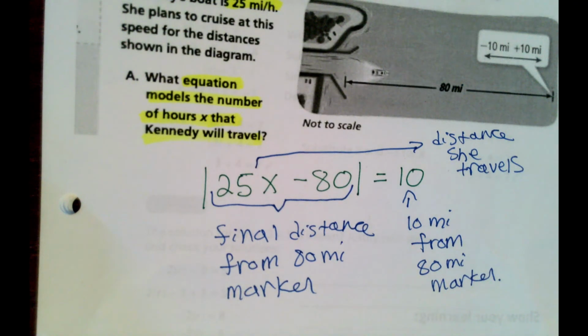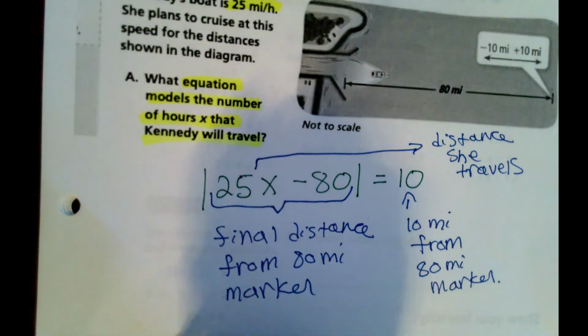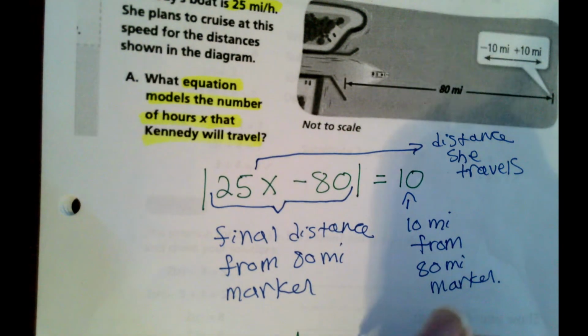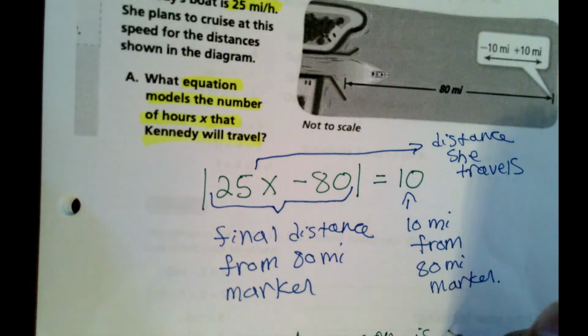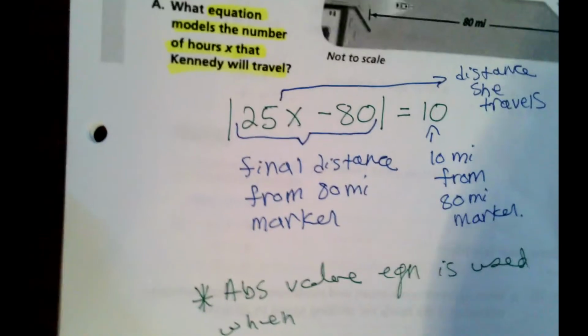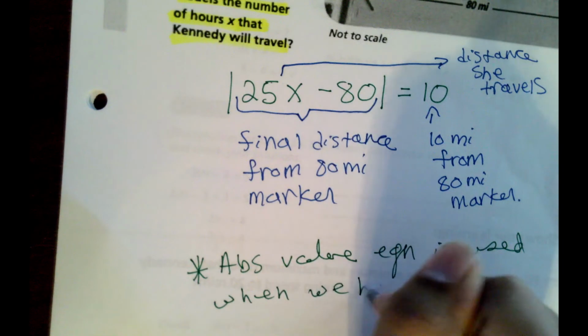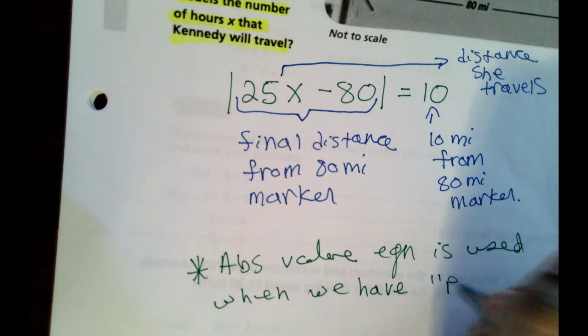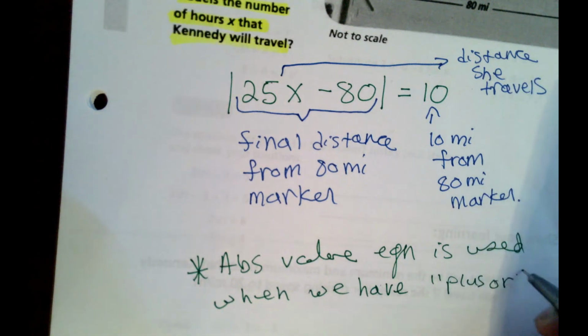So a key thing that I want you to notice here before we turn the page and solve it is that an absolute value equation is used when we have a plus or minus situation.